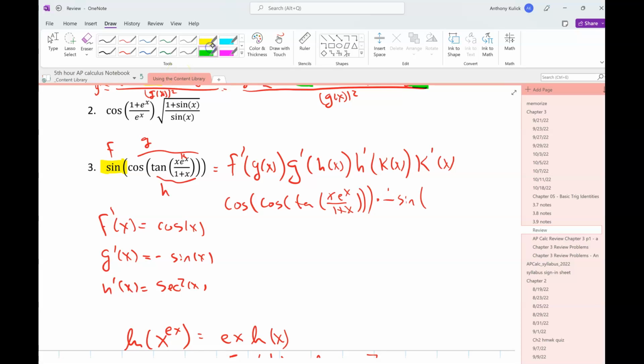The derivative of the outside is cosine, and then the derivative of the inside is the negative sine part, tacked onto the end. Then I put in the rest of that stuff and look at the next piece, the derivative of tangent, another chain rule, and you just plow your way through it. Mackenzie? Number 7.